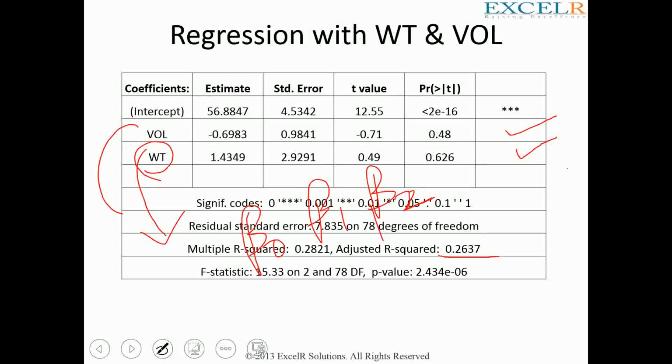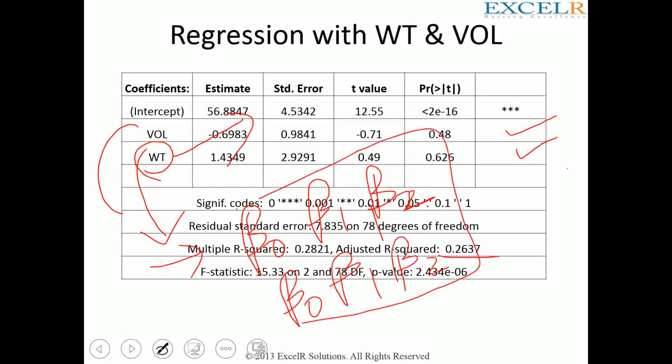I consider all my variables and all my observations and calculate the betas. The next time, I delete one variable or one observation, and once again calculate beta naught, beta 1, beta 2, and so on. I look into the differences of these betas.